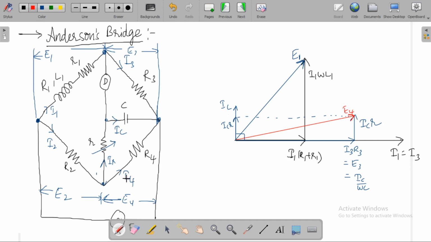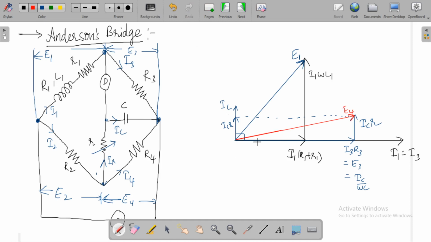Now how can I draw I4? We have phasor E4. I4 will be in phase with E4, because it is a resistor.